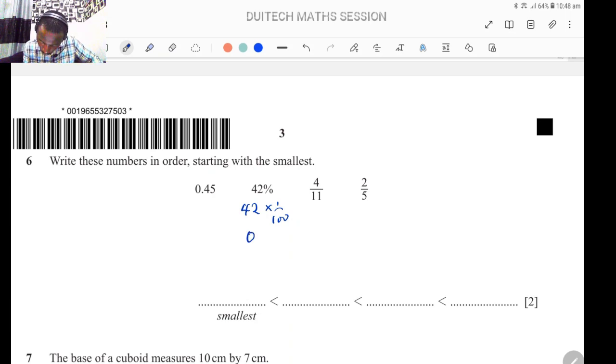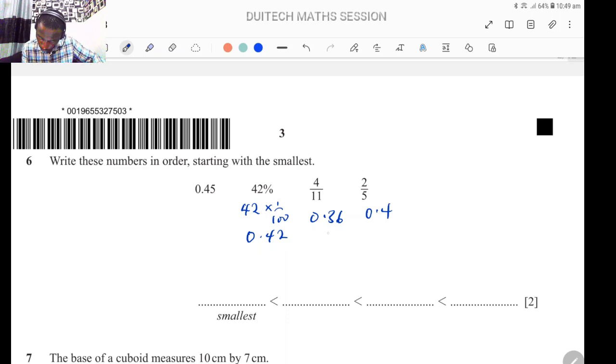Then 4 divided by 11, we have 0.36. Then finally we have 2 divided by 5, that will give us 0.4. If we are to arrange them, we have to start from the smallest.